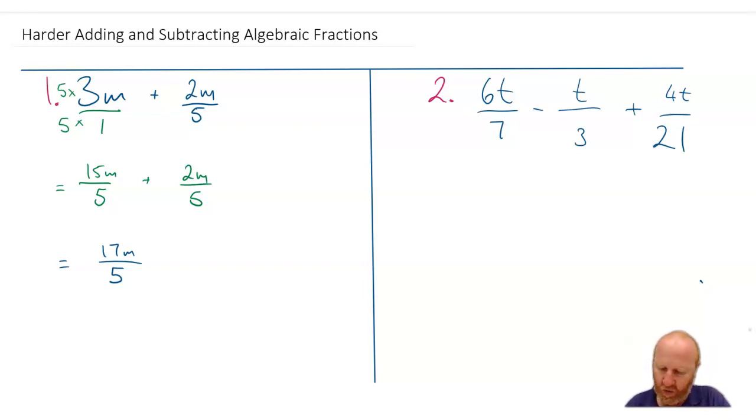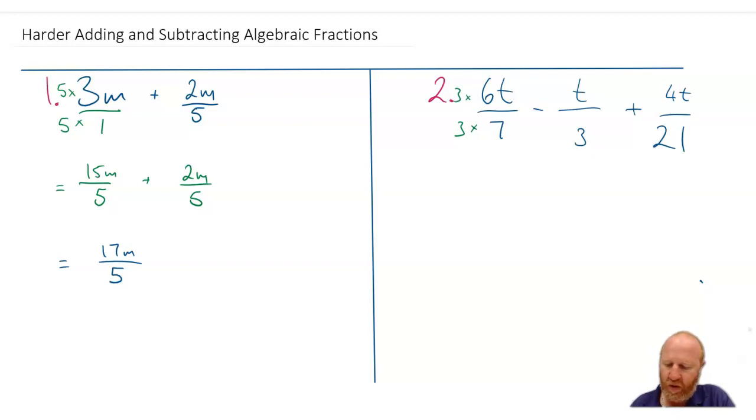In our second question here, we have to look for a lowest common denominator across all 3 fractions, which is what's making this one a little bit harder. But it is convenient in this question that 21 over here has a factor of 3 and also a factor of 7. What that means for us is that we can multiply this one by 3 and get a denominator of 21.